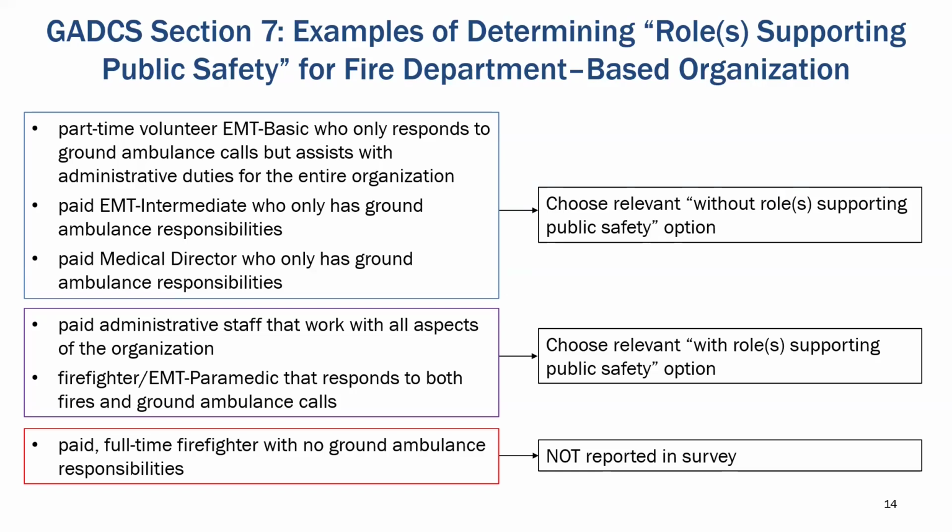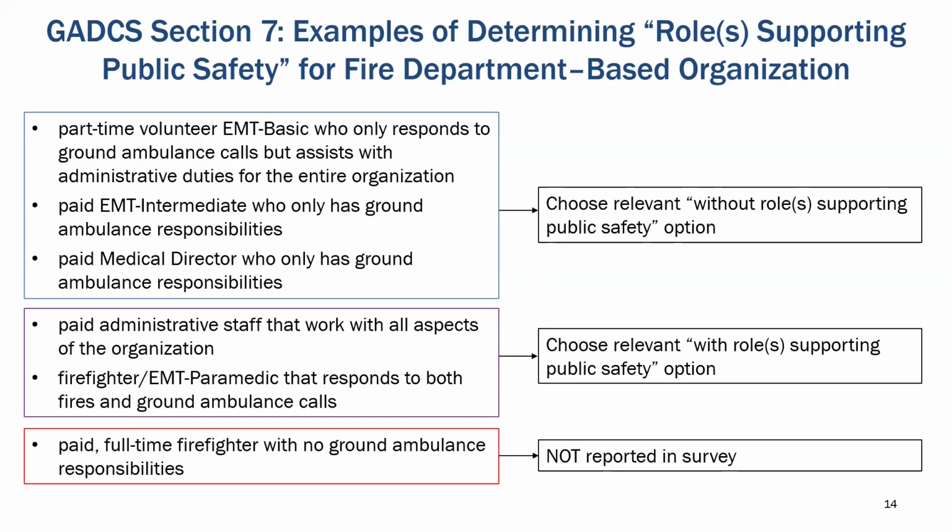The next 2 examples are more straightforward. A paid EMT intermediate and a paid medical director who have ground ambulance responsibilities would be classified as paid employees with public safety roles. The next example is paid administrative staff that work with all aspects of the organization. Unlike the previous volunteer EMT basic example, you would always choose the relevant with public safety role option because their main job, administrative work, involves both ground ambulance and public safety activities.